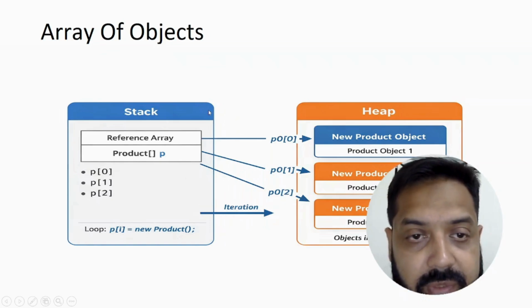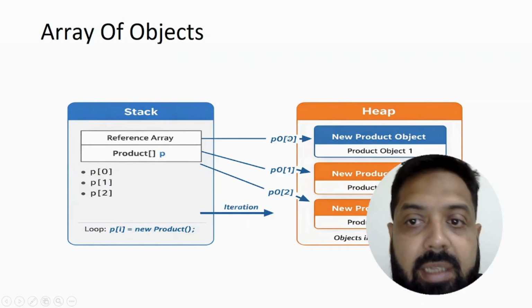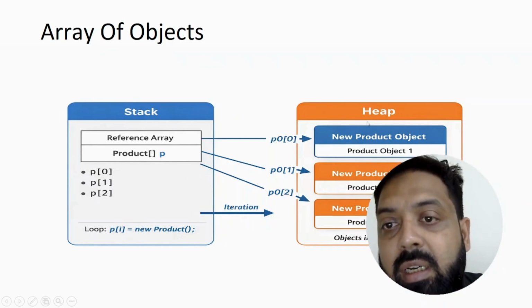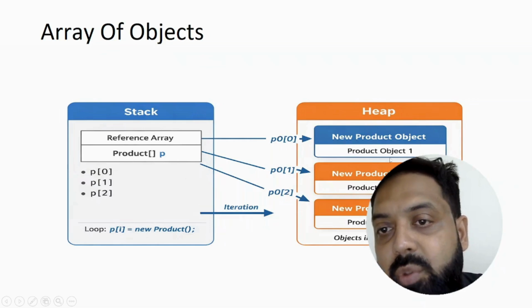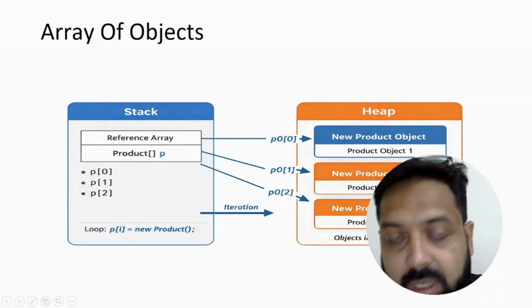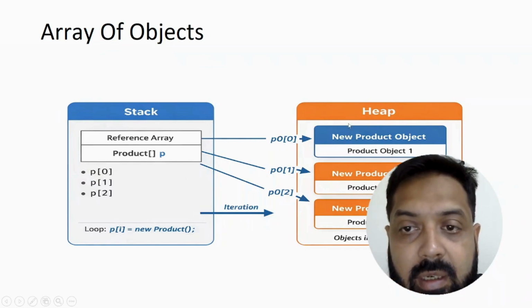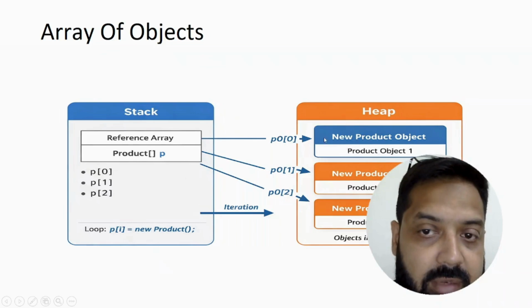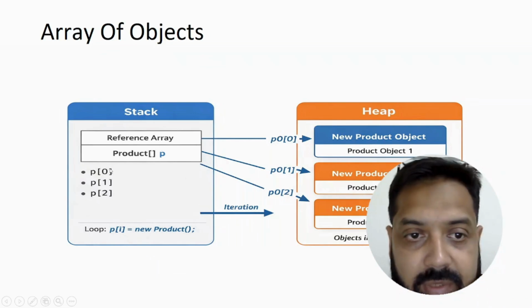So these are 2 different parts. The left hand side is the reference variable that is always created in the stack, and objects are normally created with the help of the new keyword on the heap part of the memory. These object references are stored in the reference variables that we are using in our stack.